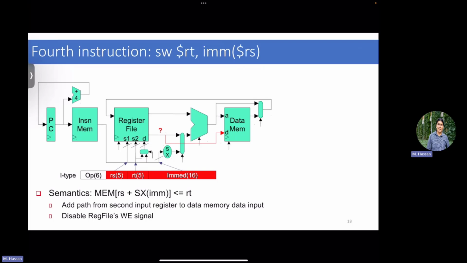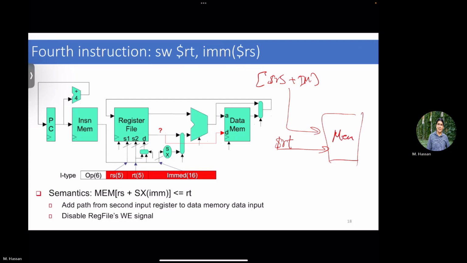Maybe I should also write it here: I have RS plus immediate. But in case of a store, I don't read the data. I'm taking RT and writing it to the memory, right? On that address.